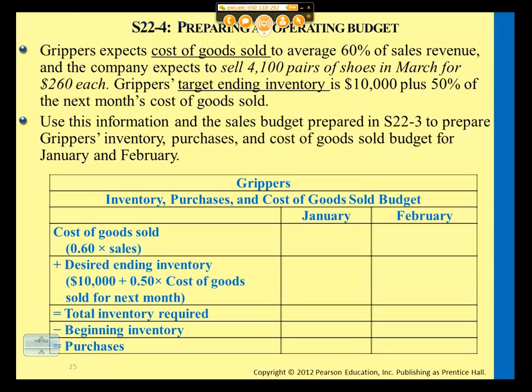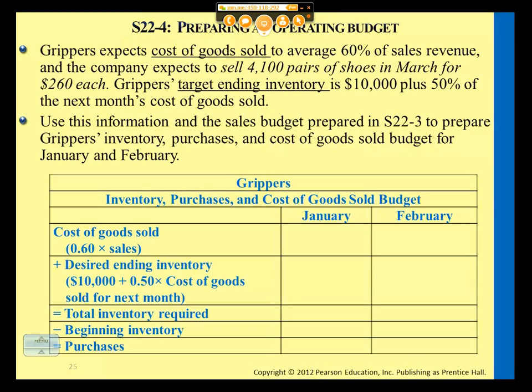All right? Okay, so do we have any numbers? Give me some numbers. Cost of goods sold for January. 639,600. Nope. That's more. It's 60% of sales. Right?